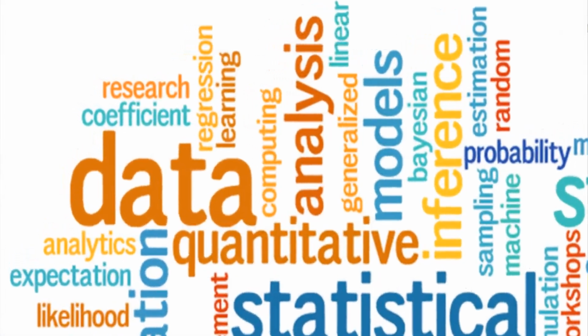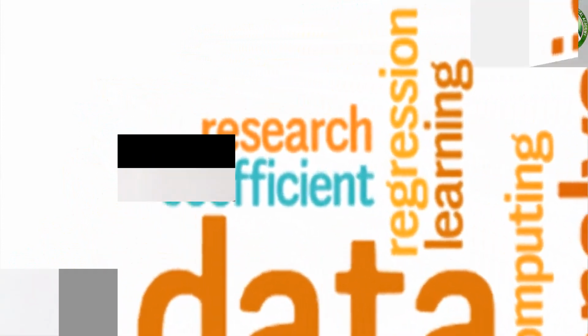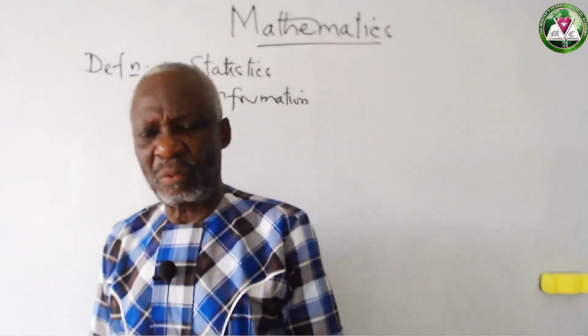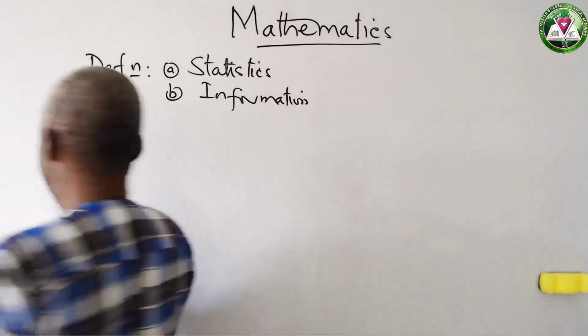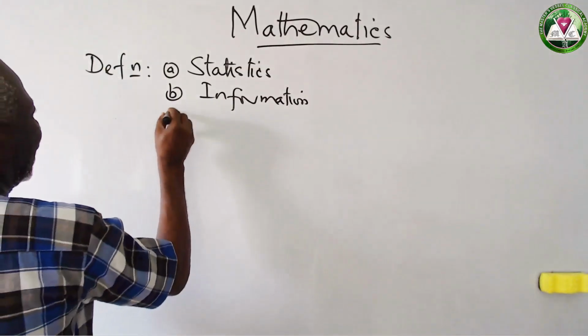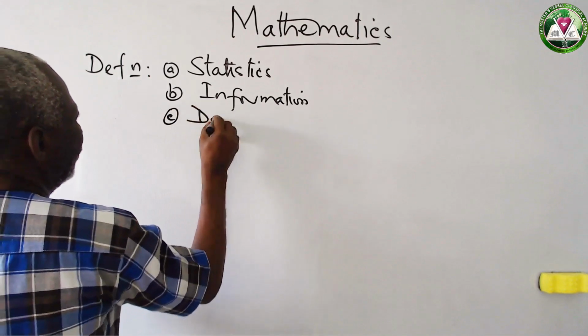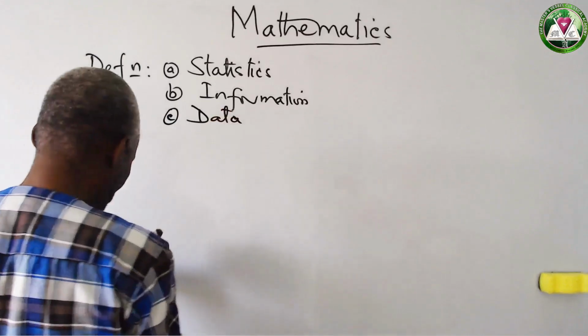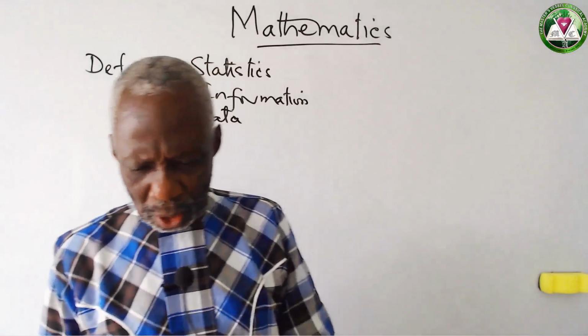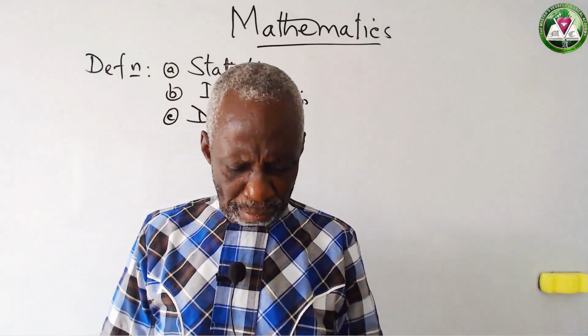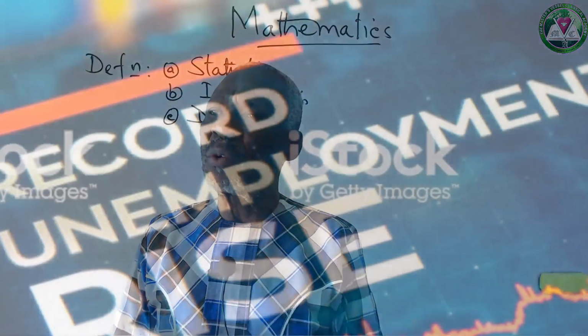Data is the next one. What is data? Basic information, which is usually or normally numerical in form. Then another one is record.